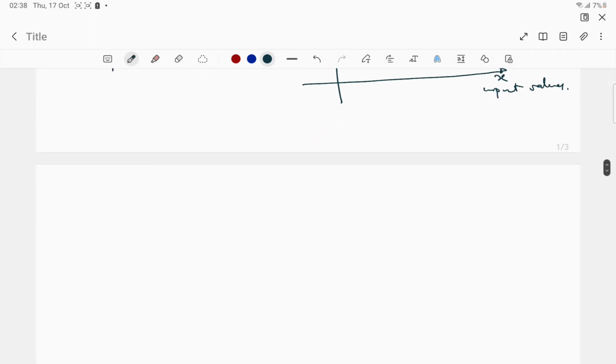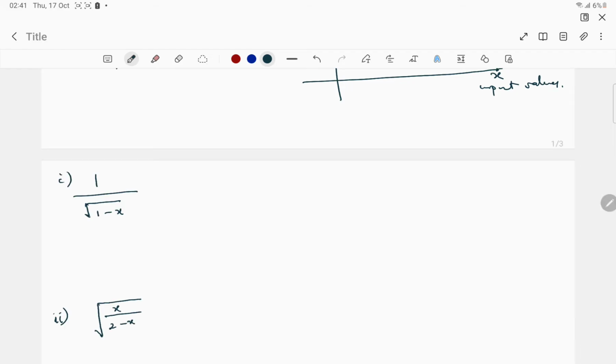Okay, so let's now work out some questions on the domain of a function. I just took these questions from our tutorial sheet. The question reads, find the domain of each of the following: 1 over root of 1 minus x. For us to find the domain of these, we have to exclude all those points from our domain which make the function undefined.